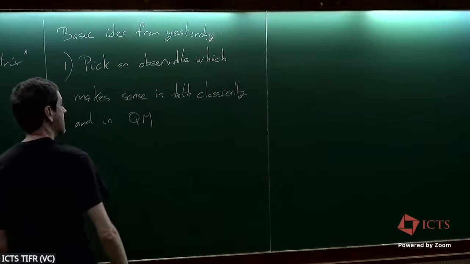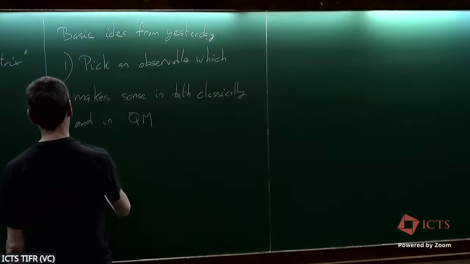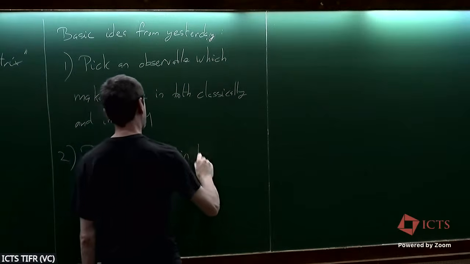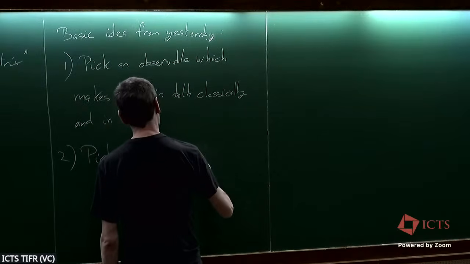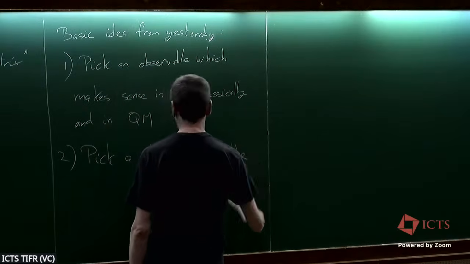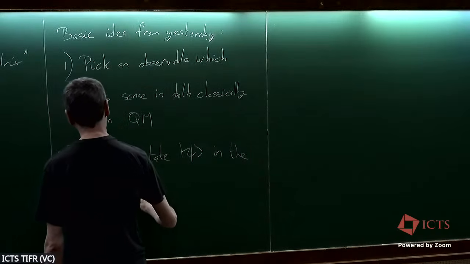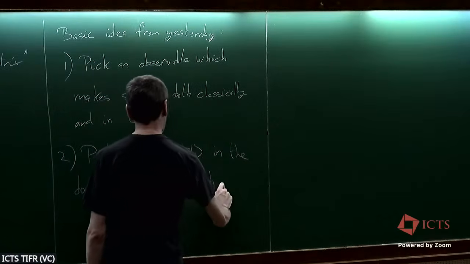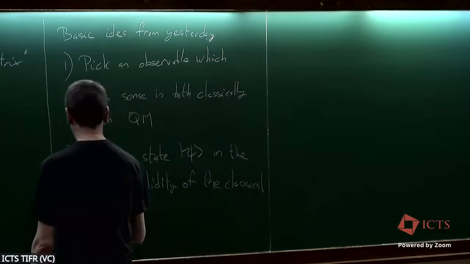The second thing to do is to pick a state which happens to be in the domain of validity of the classical approximation.